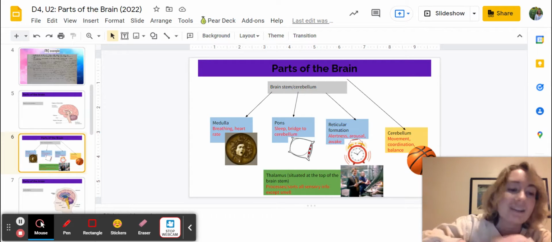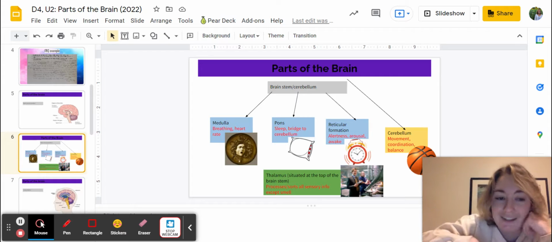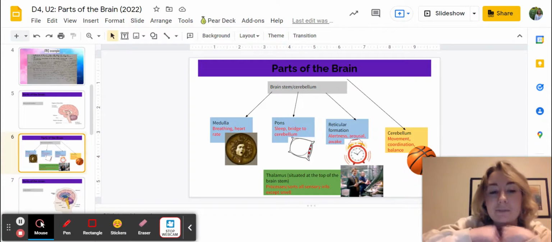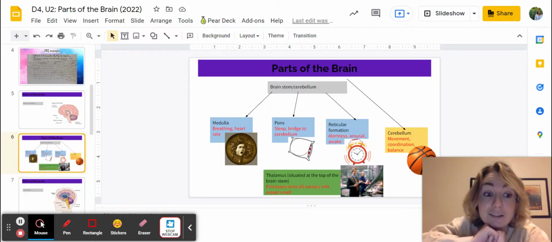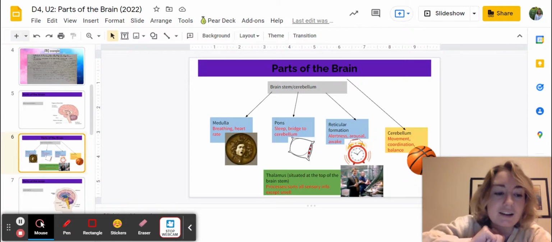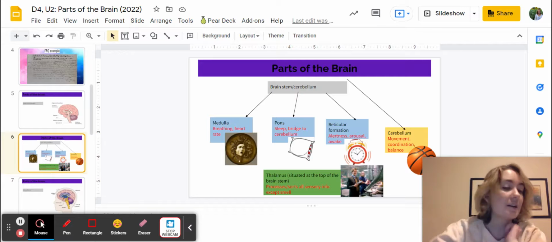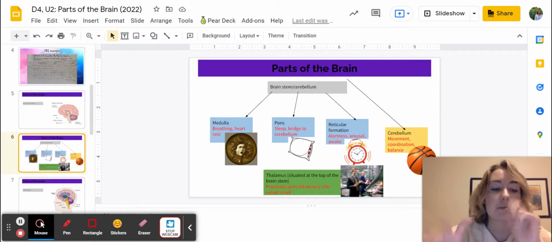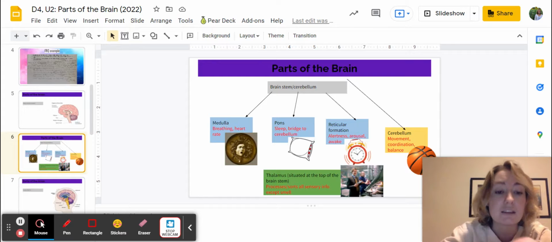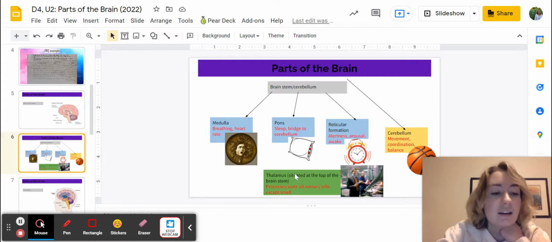I picture a girl who's playing basketball. To play basketball, you've got to be coordinated. You have to have balance. You're not going to be falling over. And it's helping us with our everyday movements of walking or even fine motor movements like typing on a keyboard, right?